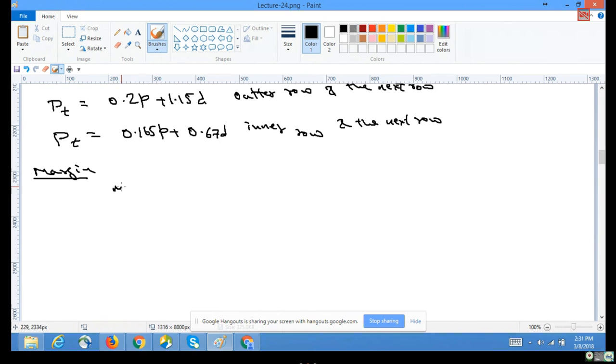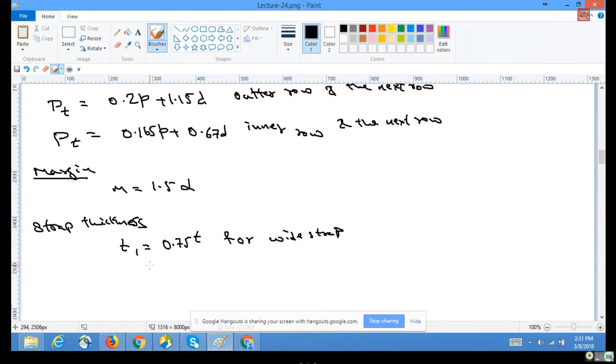The margin has to be given as 1.5 times D, and the strap thickness T1 is 0.75 times T for wide strap.